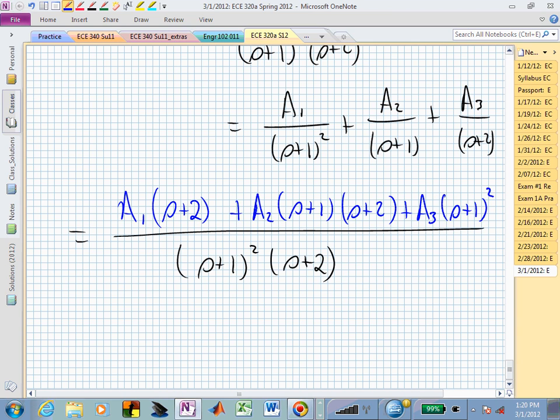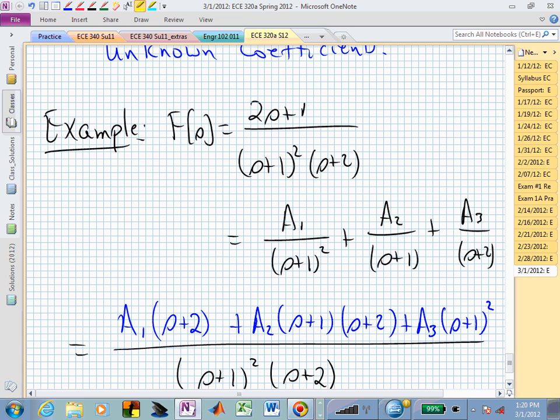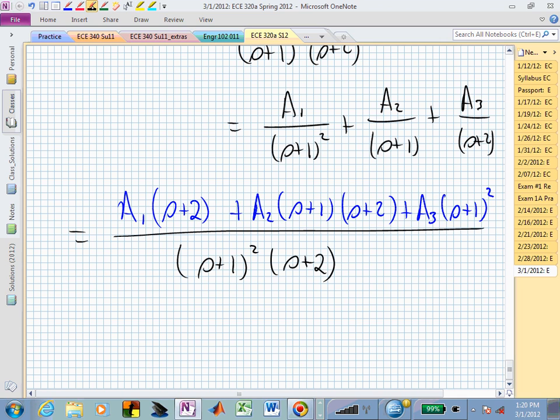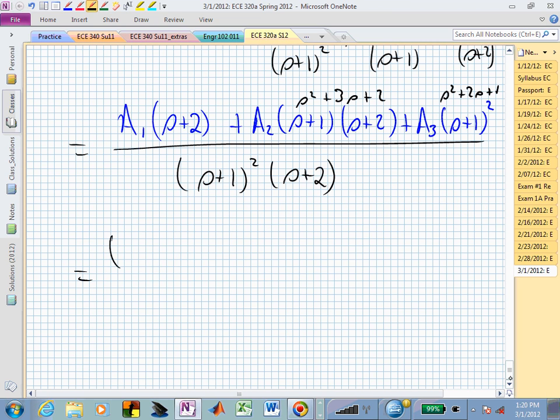What's going to scale a sub 2? And a sub 3? Is everybody clear on where those come from? And now that set of equations needs to equal 2s plus 1. Meaning, if we now multiplied all of that out, we would end up with, I'm not going to hopefully bore you with it all, but do you see that this is now s squared plus 3s plus 2, and this is s squared plus 2s plus 1. When you multiply those out, we have a2 plus a sub 3 times s squared.